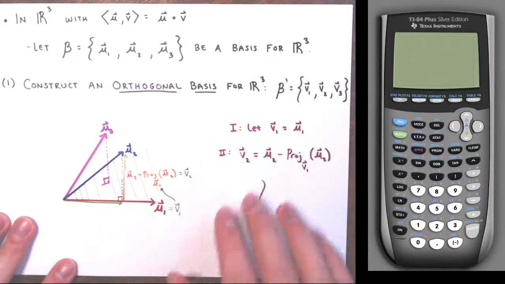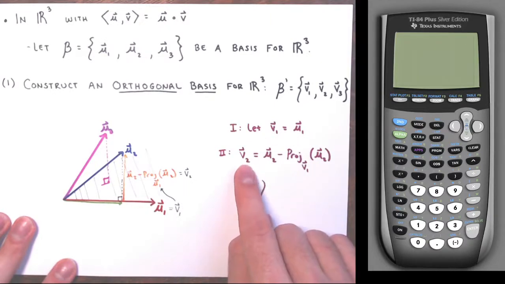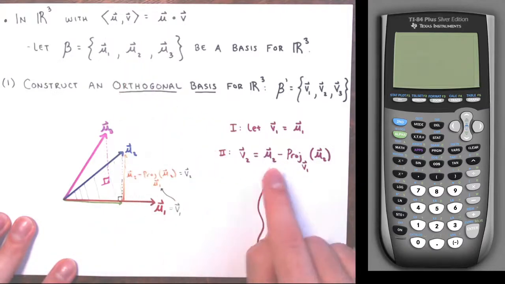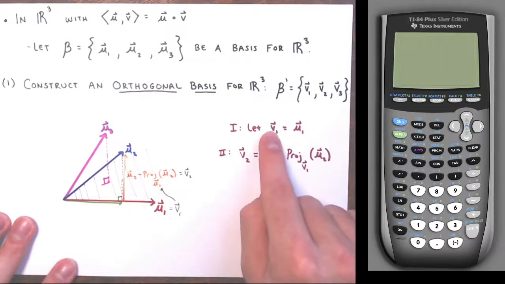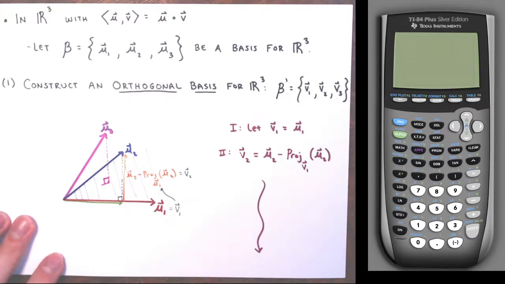So it starts off exactly the same. I let V1 be U1, and then I let V2 be U2, the second basis vector, minus the projection of U2 onto the first vector in this new basis V1, which was the same as U1. All right. Now, let me take this to the next page.